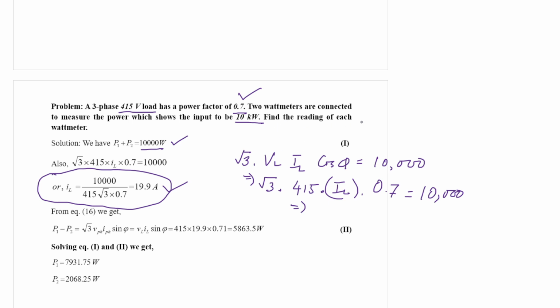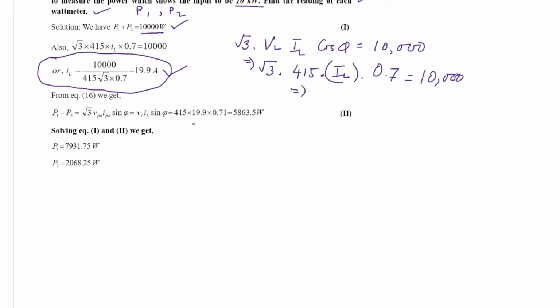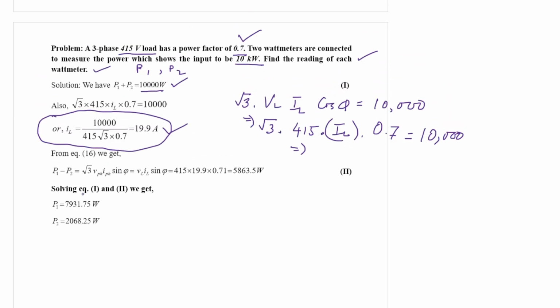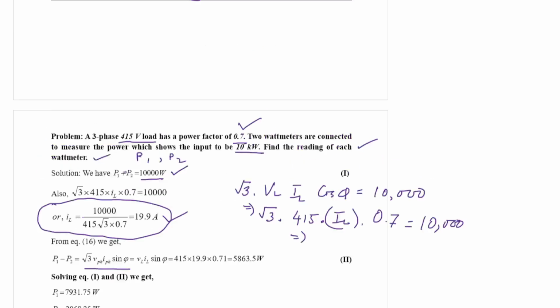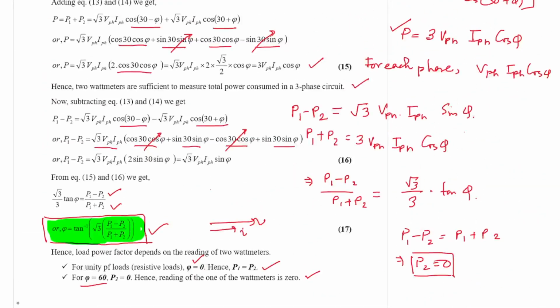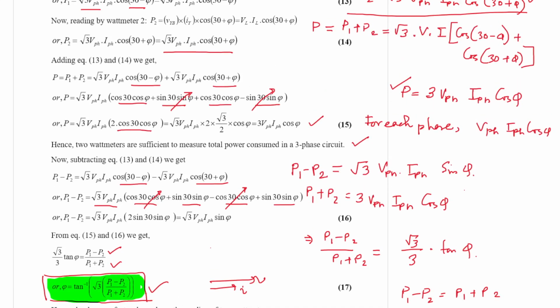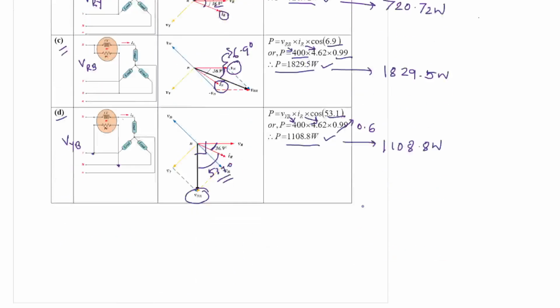Now you need to find the readings of each wattmeter. What is P1 and what is P2? For P1 minus P2, similarly we have the formula root 3 V phase I phase sin phi. This is the equation, P1 minus P2, equation 16, that we have utilized here.